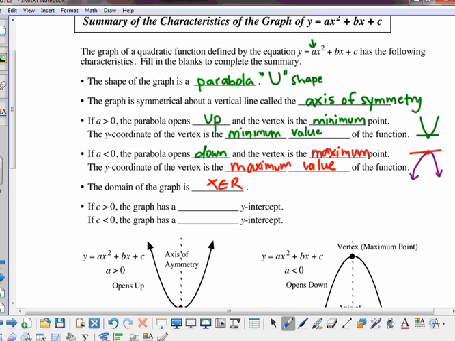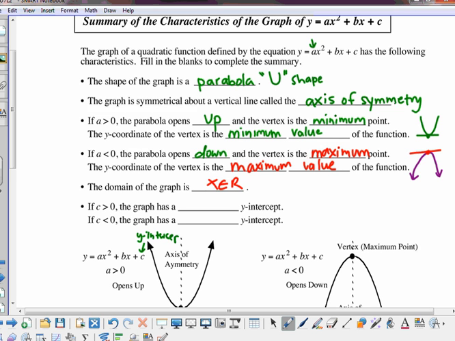Okay, now, this last part we need to talk about. If c is greater than 0, so remember c, what is c? Close, not the x-intercept, but the y-intercept. So c is always the y-intercept.